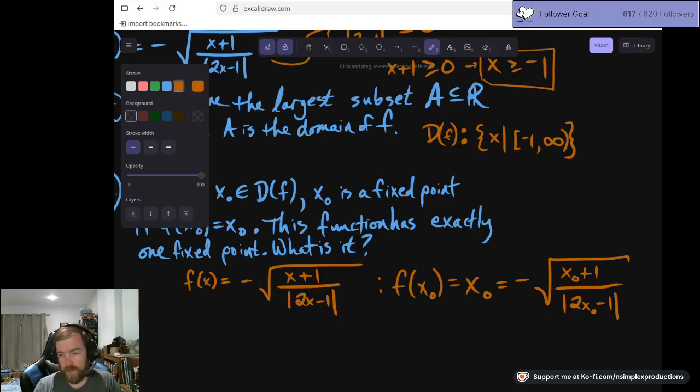For this, we're going to bring the negative over, but then we're going to square both sides. So it doesn't much matter there. We still get x0 squared equal to x0 plus 1 over absolute value 2x0 minus 1.